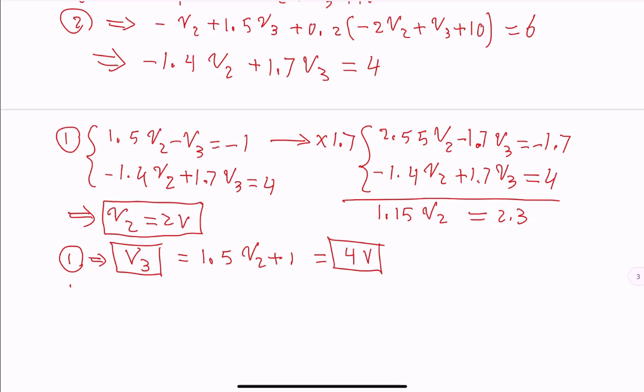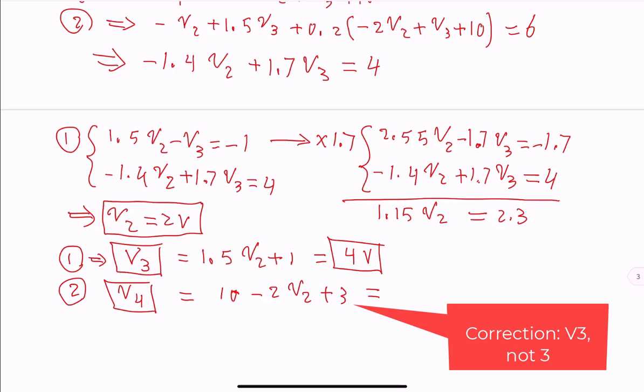And using equation 3, V4 is 10 minus 2 V2 plus V3. Substitute for V2 and we have 10 volts. So we have the nodal voltages. At this point, everything else is straightforward and easy to find.